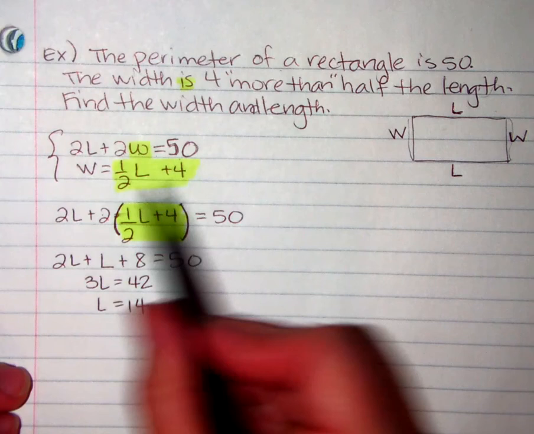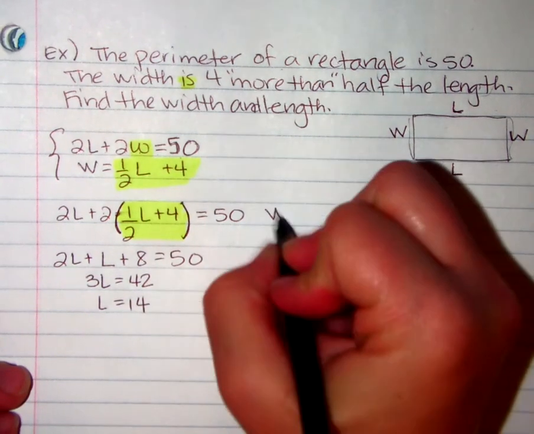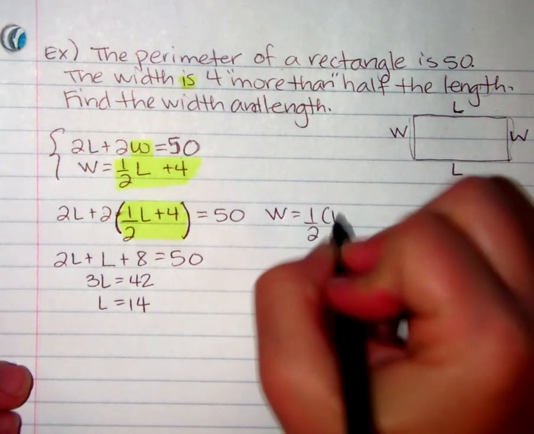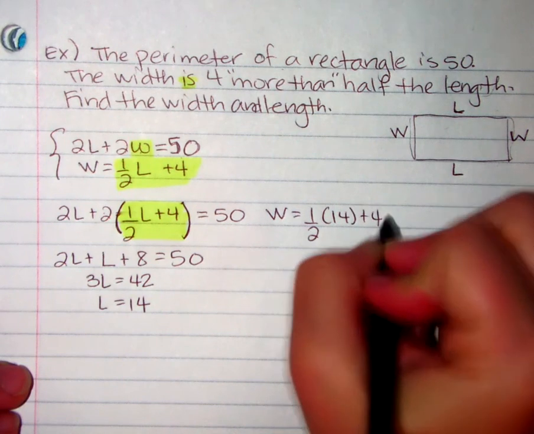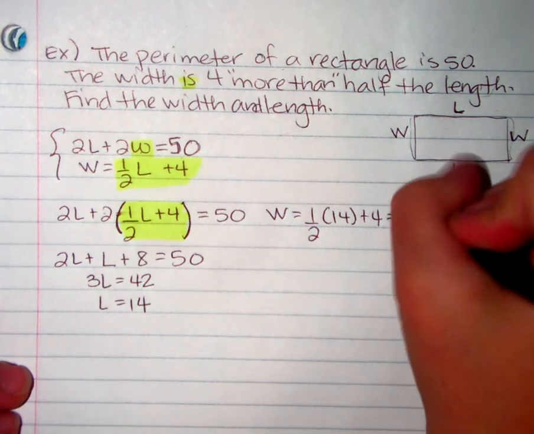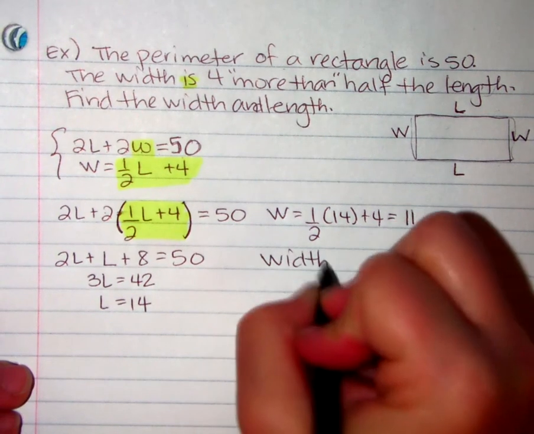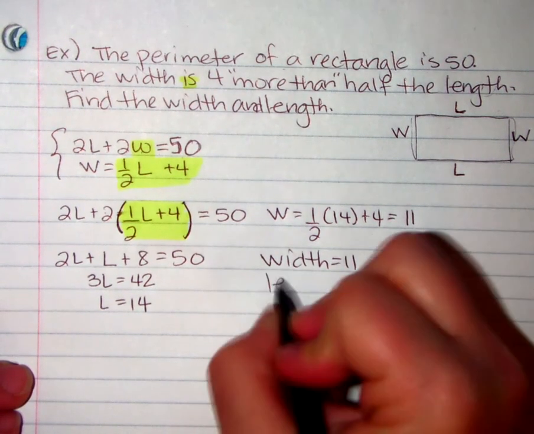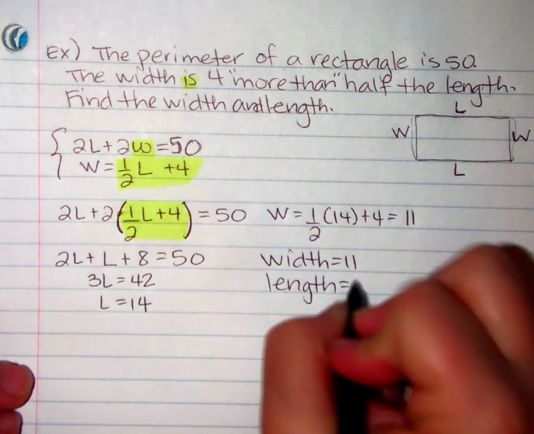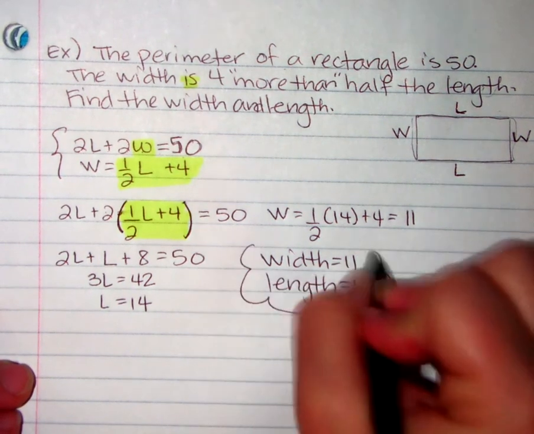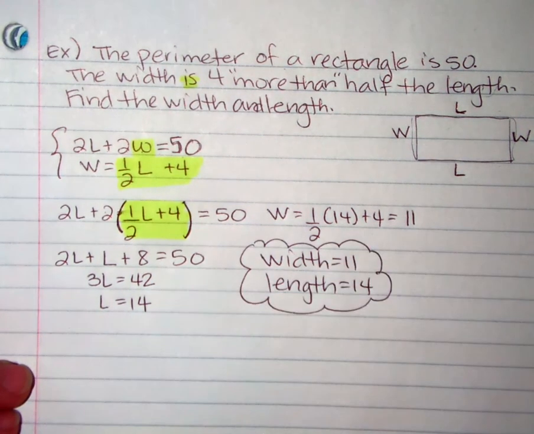I'm going to plug it back in for this expression where W is 1/2 of the L plus 4. And that's going to give me the value of 11. So again, the values I need are when the width equals 11 and the length equals 14. And those are the values that would make the system true.